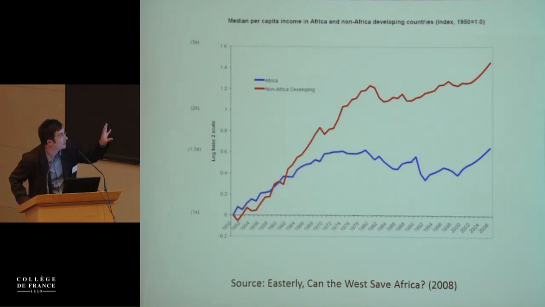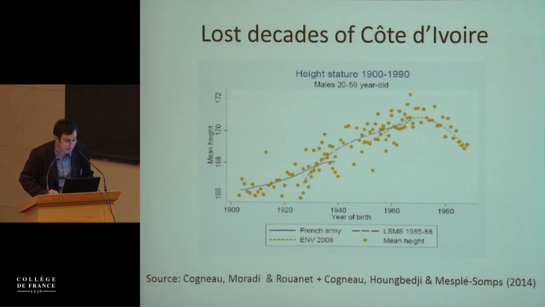What this graph illustrates pretty well is that this divergence pretty much accelerated during what has been called the last decades of development, both for Africa and Latin America as well, that were the 1980s and 1990s.